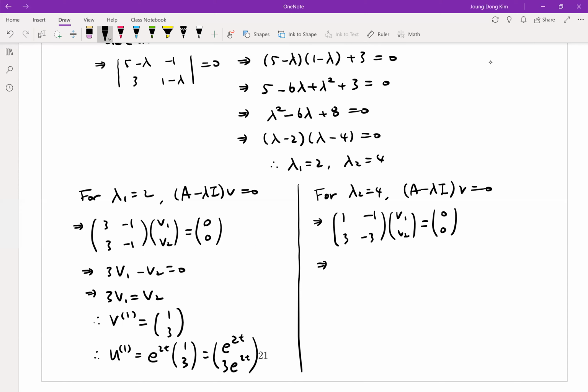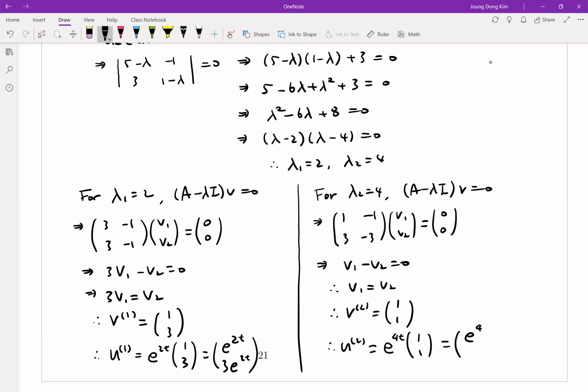Same process: v1 minus v2 equals 0, so v1 must be equal to v2. Then my second eigenvector is [1, 1]. The second element of the fundamental set is e to the 4t times [1, 1], which is [e to the 4t, e to the 4t].